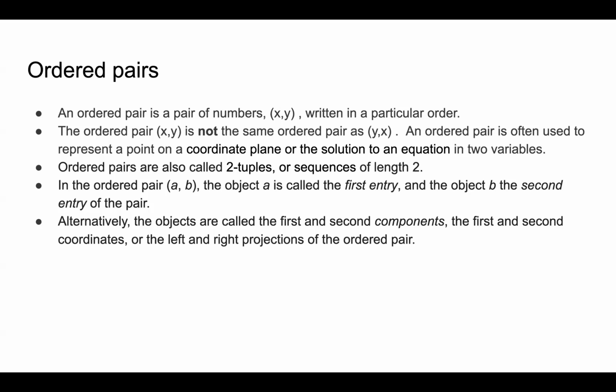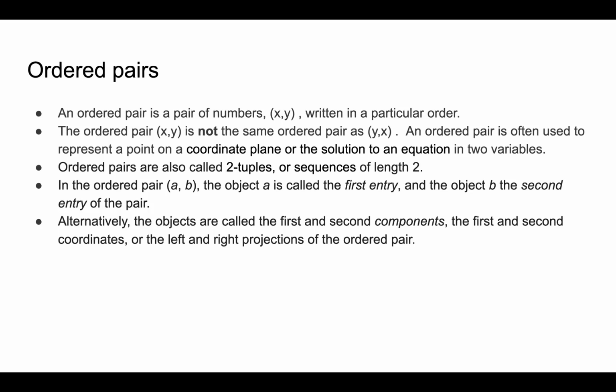Tuples means members, so two members are there in that pair. It is also called a two tuple or a sequence of length 2. Length is 2 for the sequence.